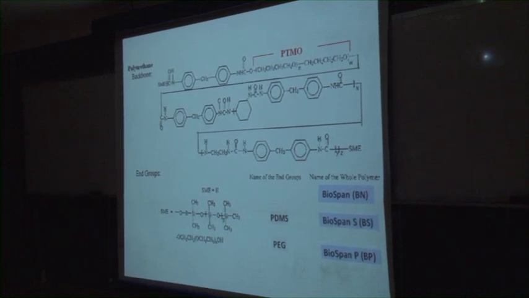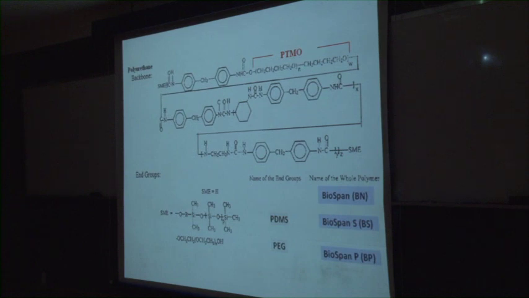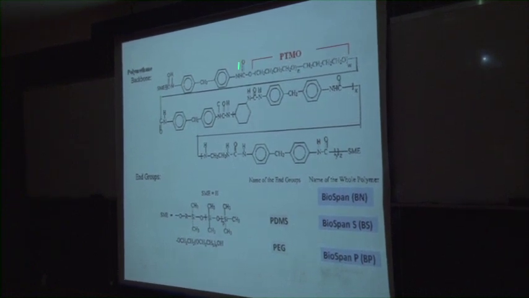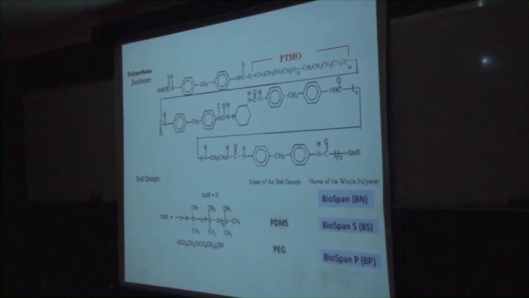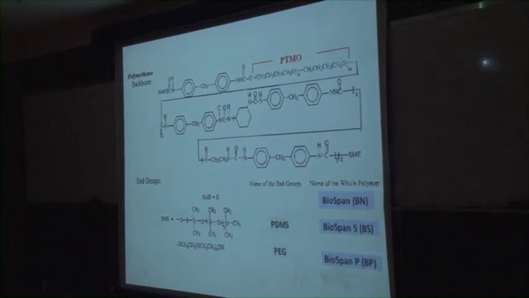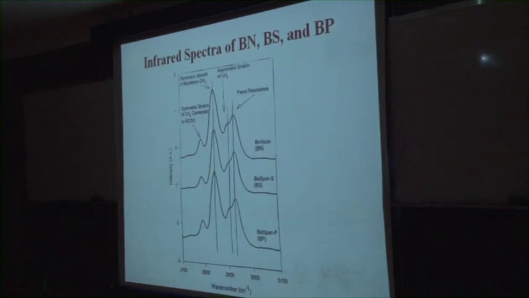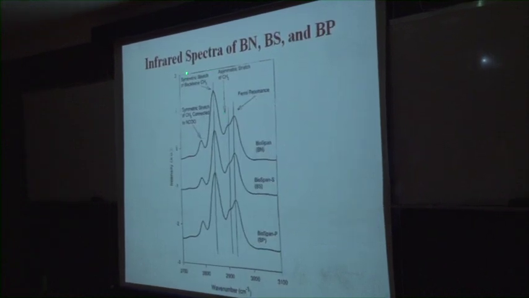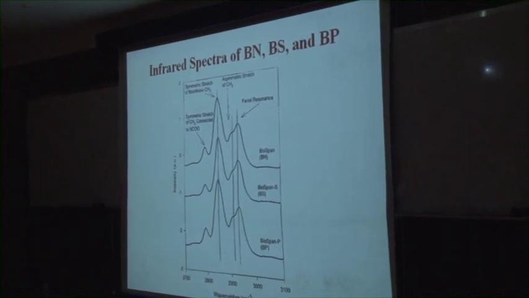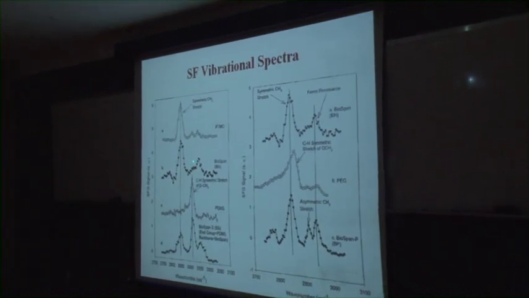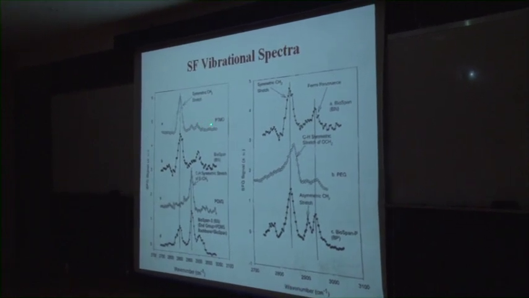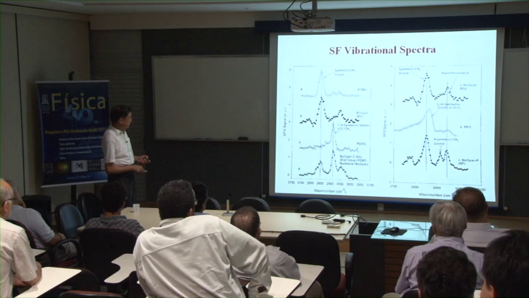You know that if you try infrared or Raman spectroscopy, these three will look exactly the same because the species at the end is too small. And indeed, you see that the infrared spectra of the three look the same. But if you look at the sum frequency spectra, they actually are different.